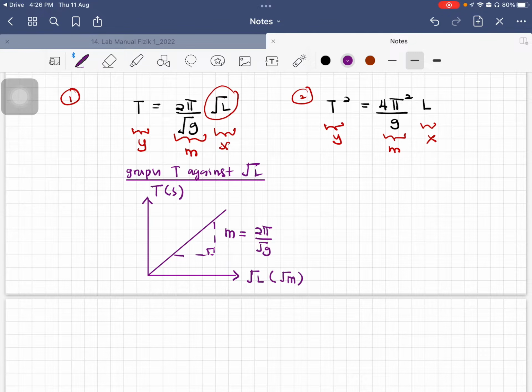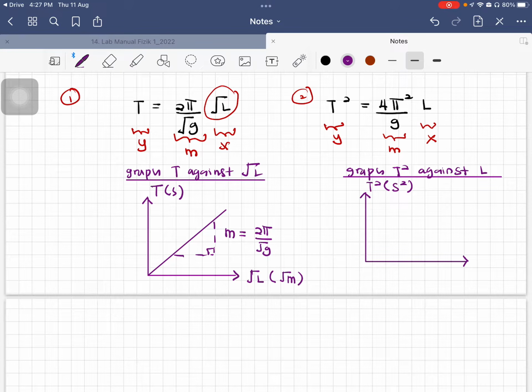If you use the second equation, we will have the graph of t square against L. Line it up, and the same, you will have y-axis and x-axis. Now your y-axis is t square, your unit should be second square.